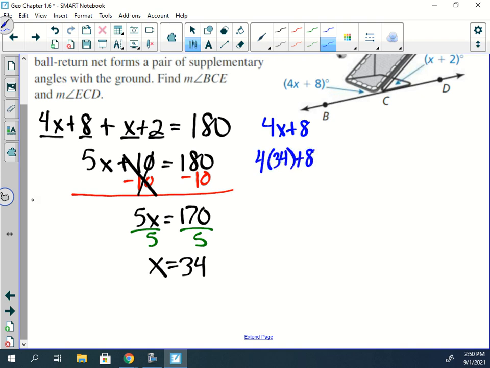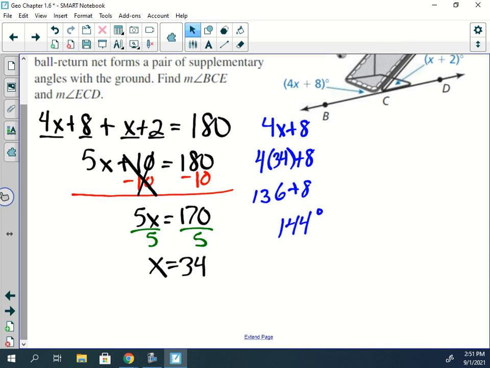Now at this point, since that's just straight numbers, 4 times 34 plus 8, we can type it into the calculator and it'll do it for us. And we get 144 degrees for the measure of angle BCE.